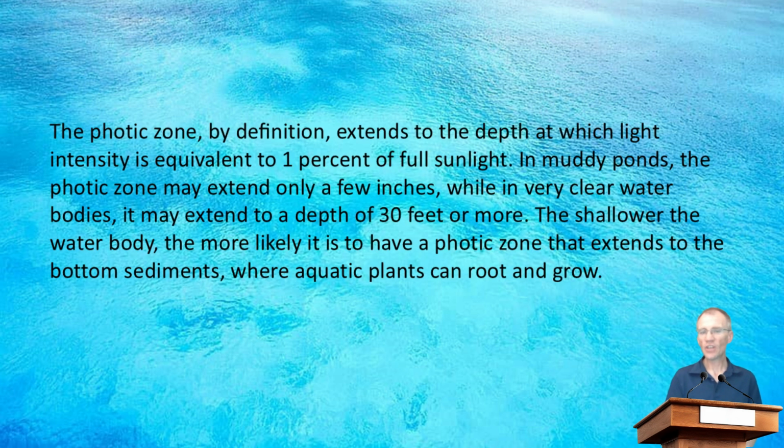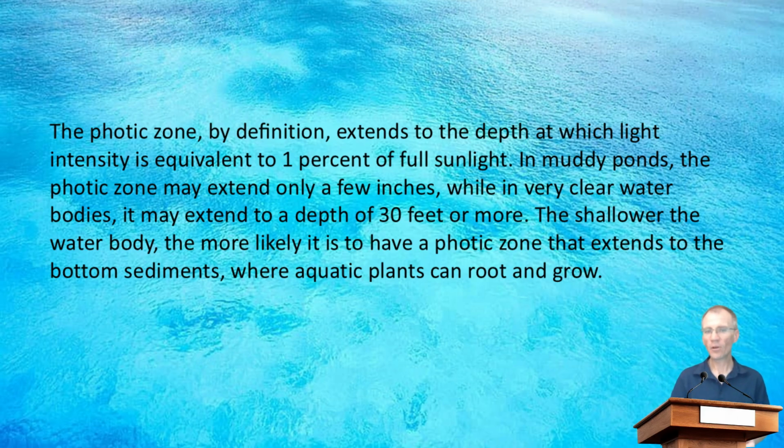The photic zone, by definition, extends to the depth at which light intensity is equivalent to 1% of full sunlight. In muddy ponds, the photic zone may extend only a few inches, while in very clear water bodies, it may extend to a depth of 30 feet or more.